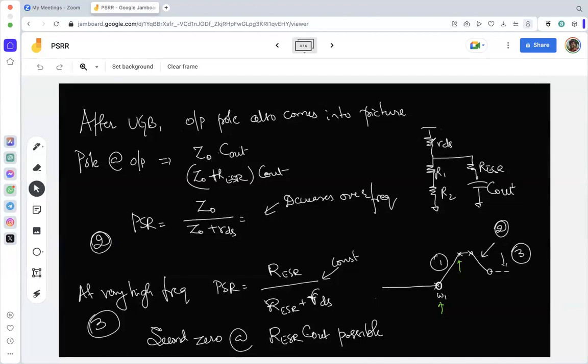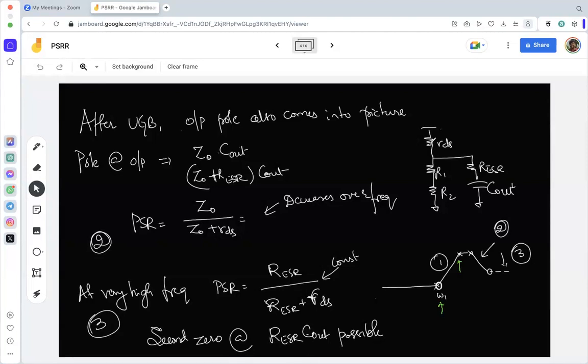You may ask, okay, why is it then RDS? Why shouldn't it be something else if the loop is not working? I said the loop is not working, but it doesn't mean that the output driver is not working. The output driver may still be in saturation. Hence, we will still consider RDS as the driver's resistance.